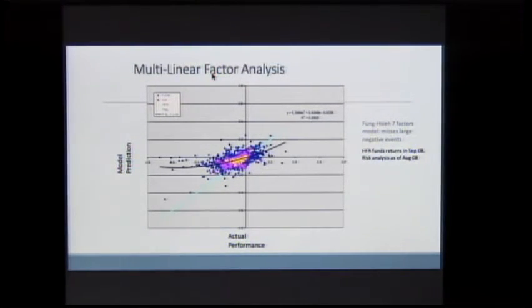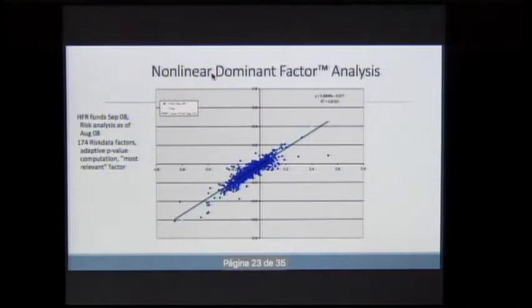Now, if you use a polymodel, here's what you get. It works well because it is a crisis. The correlation is 90%. The R-square is 0.81. Why so?